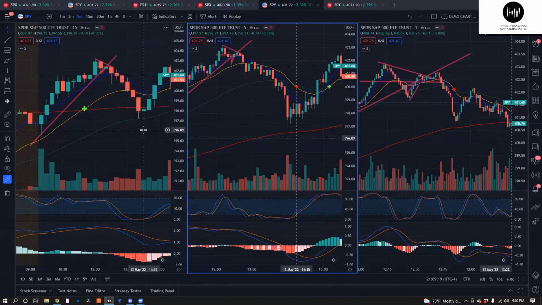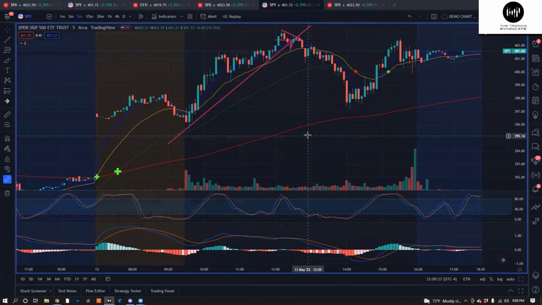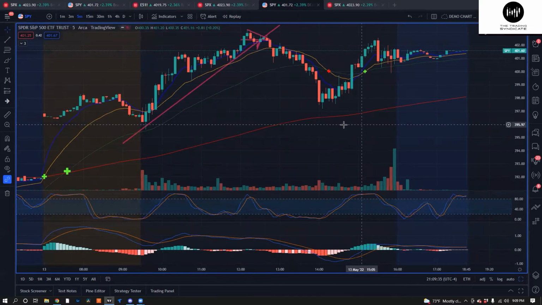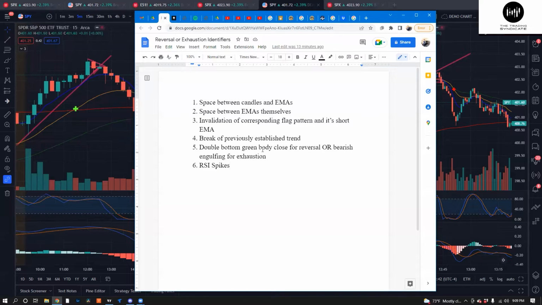until it moves into the extension exhaustion phase, which you're looking for the same things, which would be, if you could see, I don't know if this is close enough, but you see these sharp spikes on the RSI give indicators that there could be a bounce, and you are also getting the double bottom green body close for an extension.